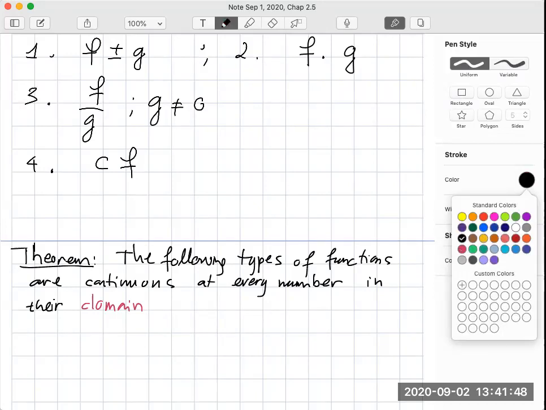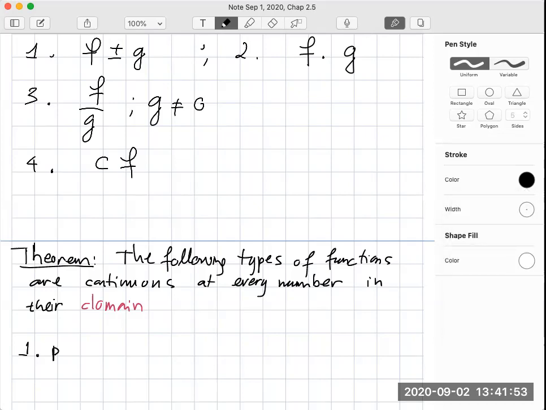So first, that is polynomial. It has a form of x squared, x to the n in general, a x to the n plus b.